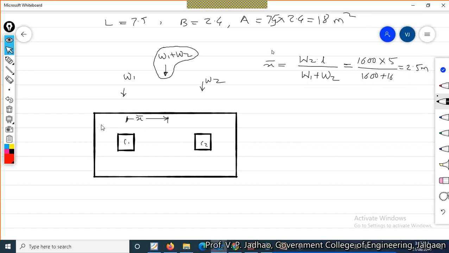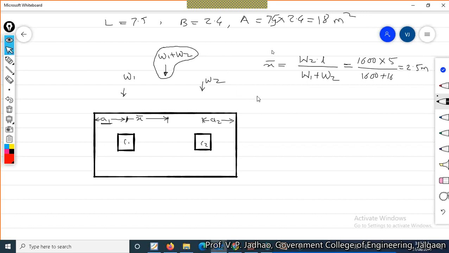Now we have to calculate the value of A1 and A2. A1 is the projection of this footing beyond the center of column C1, and A2 is the projection of this footing beyond the center of this column C2.